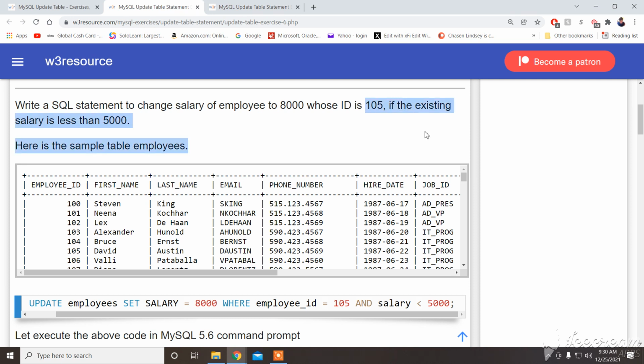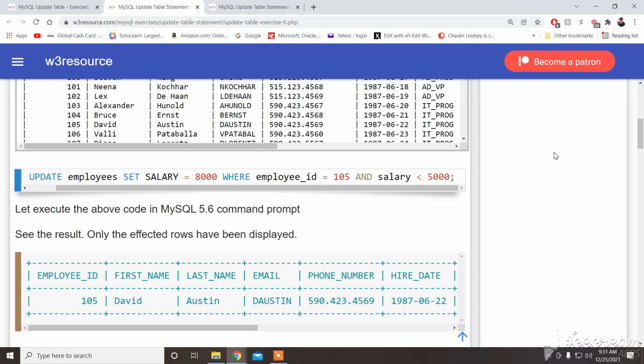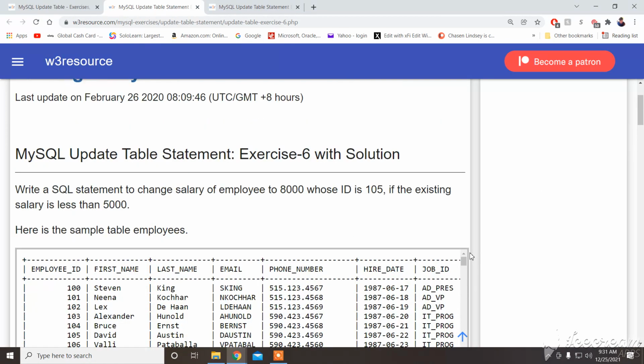Okay, so they got less than 5,000. All right, so if all these employees' ID has to be 105, and they're all poor and making less than 5,000, dang.